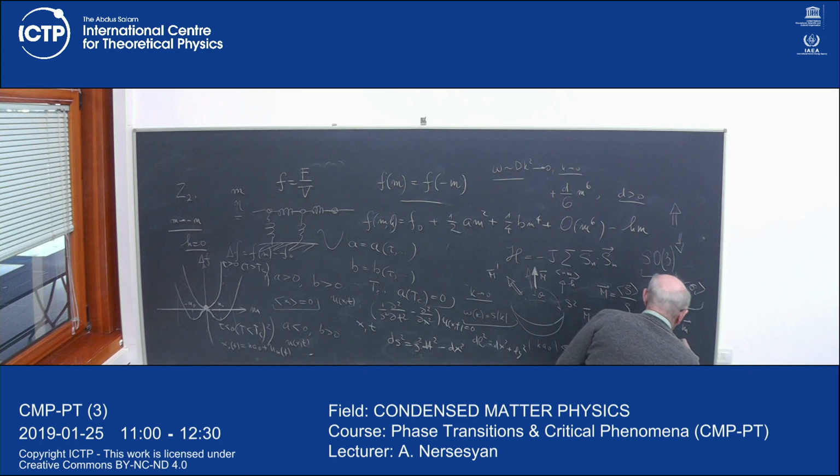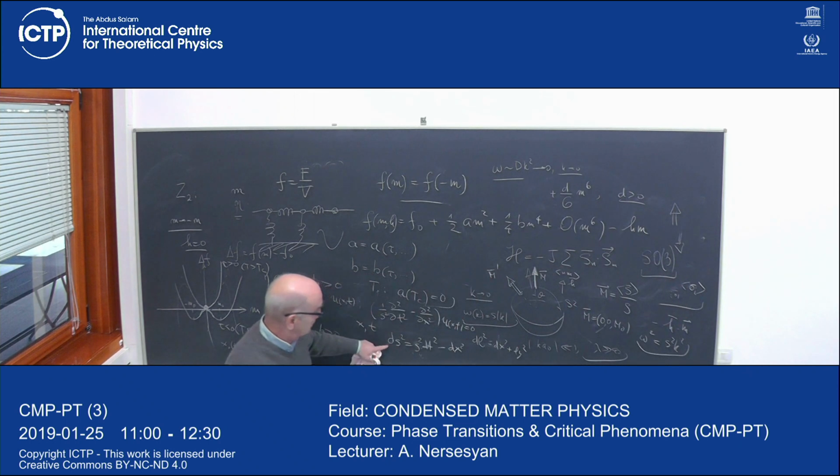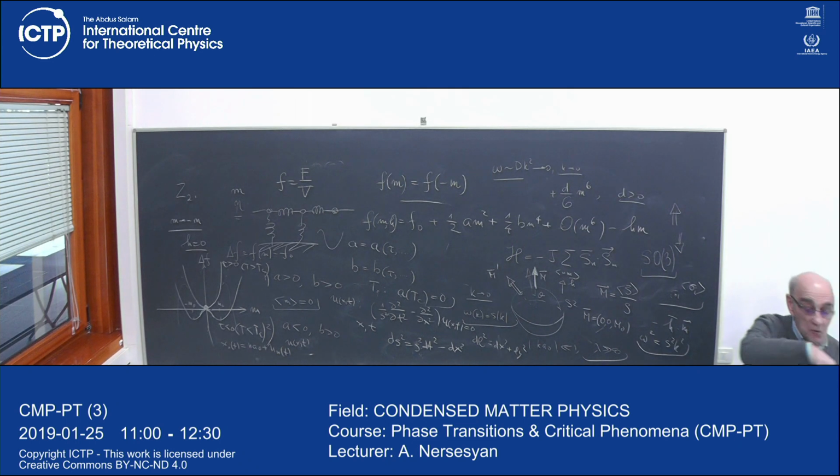It should look like this. This follows directly from the invariance of this interval. So you see, many things can be anticipated by very general principles. This is why in antiferromagnets I have something like this. But in ferromagnets I don't. And for that there is a deep symmetry reason.